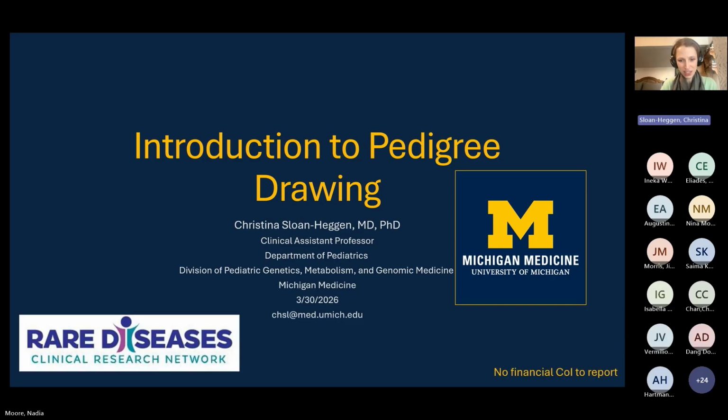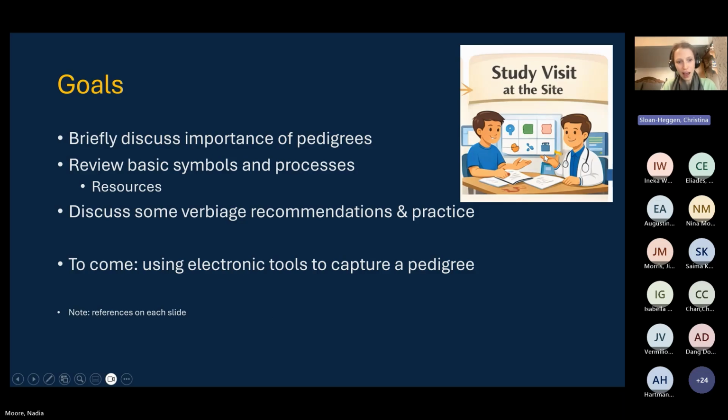Go ahead and switch slides for me because it didn't go for me. Thank you. My basic goals are to discuss why we want to do this and review some of the basic symbols. I also have some resources for you because there are definitely niche situations that you may run into, but I don't want to spend everybody's time talking about all of the potential options when there are really helpful resources out there, and I'll point you to those.